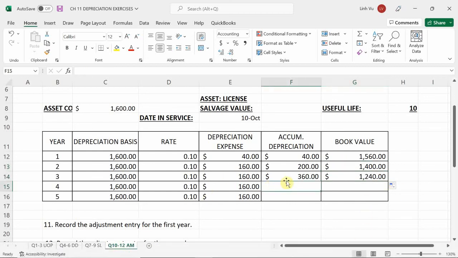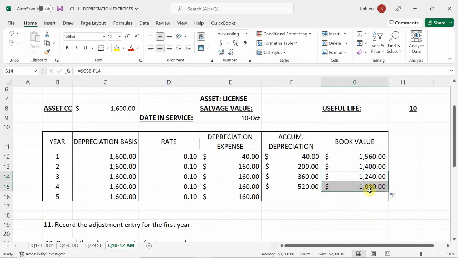So what's my accumulated depreciation for year 4? $520. Okay, good. So what's my book value going to be for year 4? 1,080.